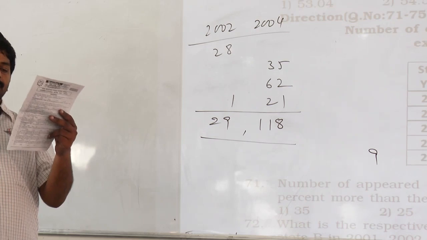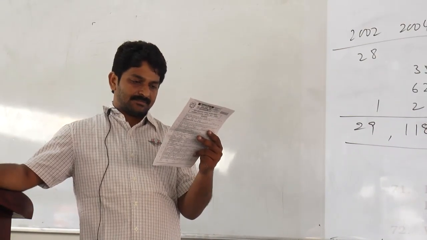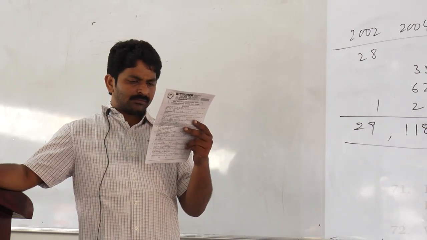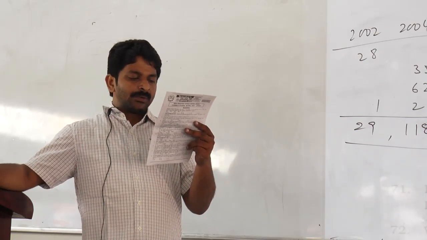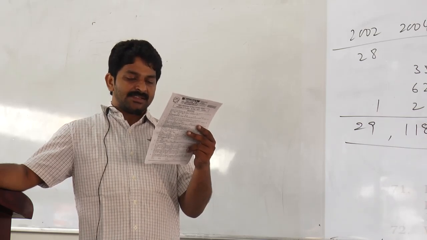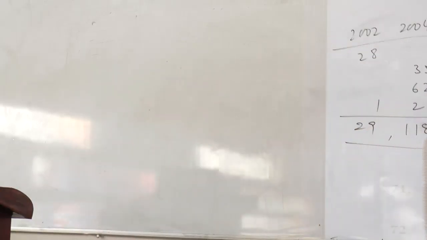If the number of qualified candidates from state C in 2005 was 310, what percentage of appeared candidates could qualify in the exam in that year? C in 2005, how much do we have? 465.